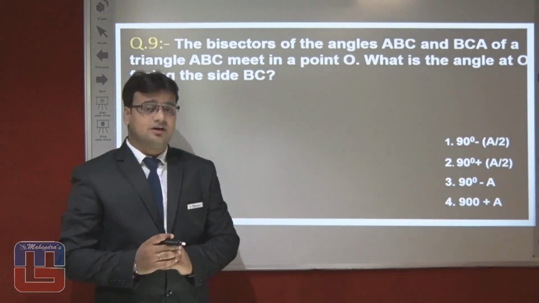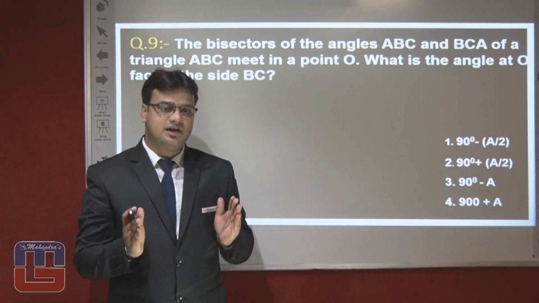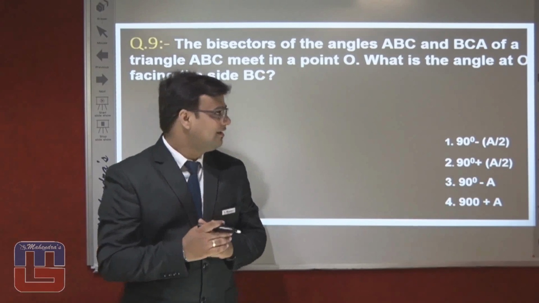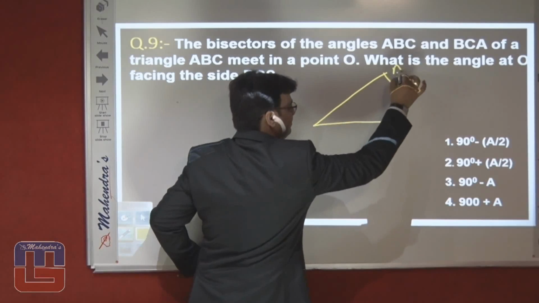The bisectors of the angles ABC and BCA of a triangle ABC. Same, we first draw the figure. First draw triangle ABC.